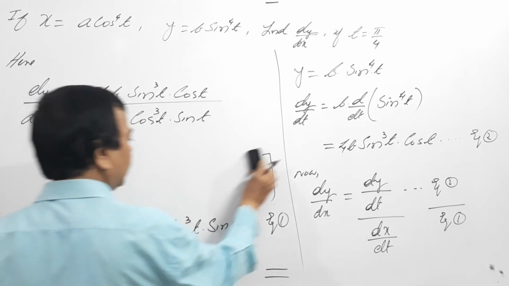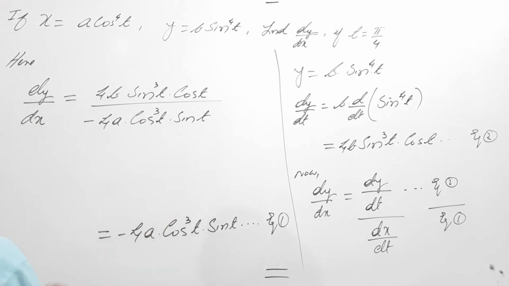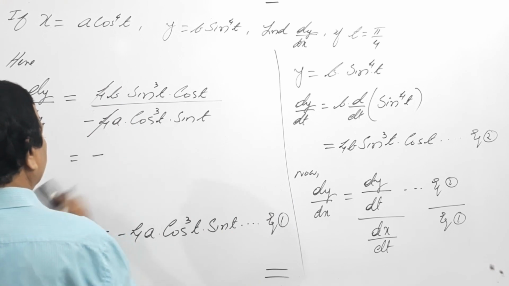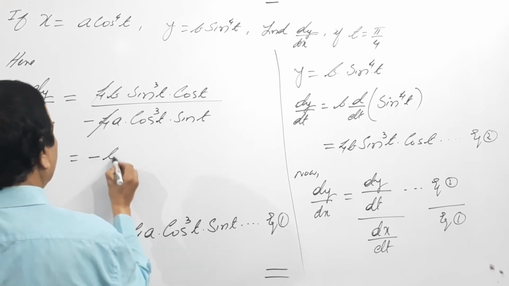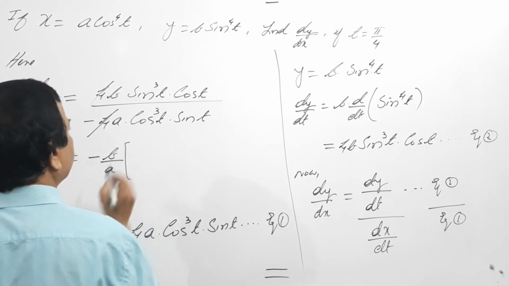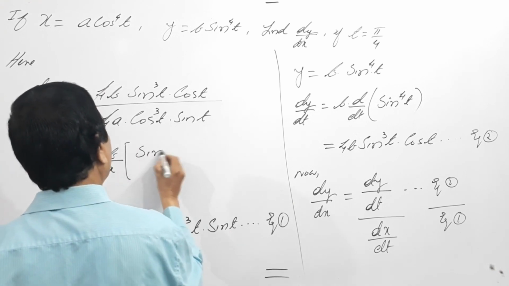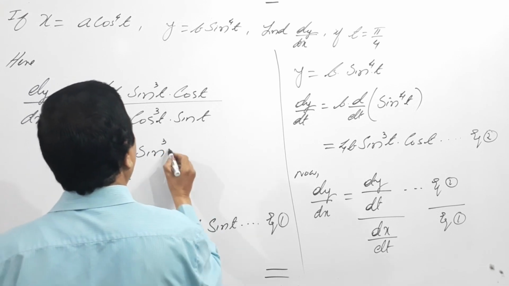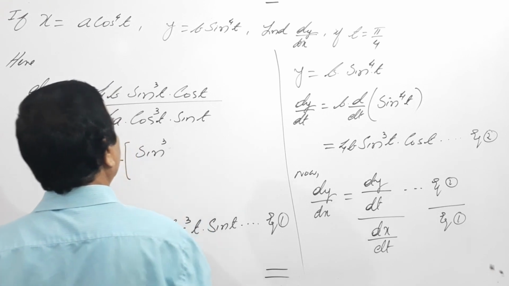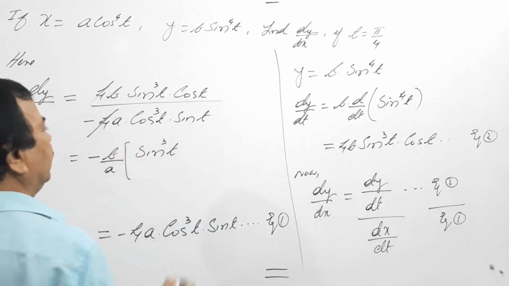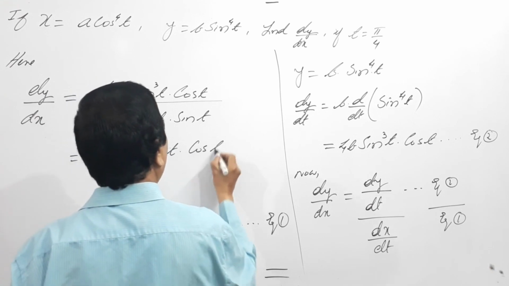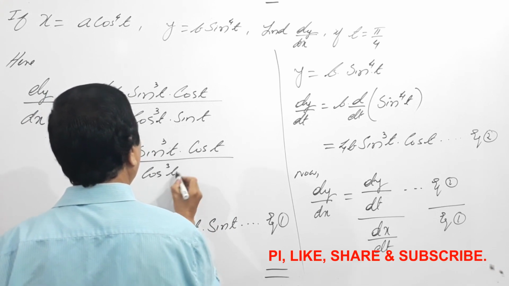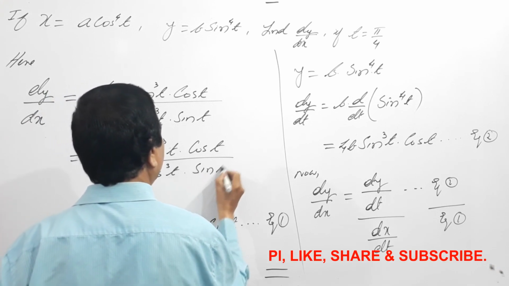What happens here? This 4 cancels. You are left with minus b by a, sin cube t into cos t divided by cos cube t into sin t.